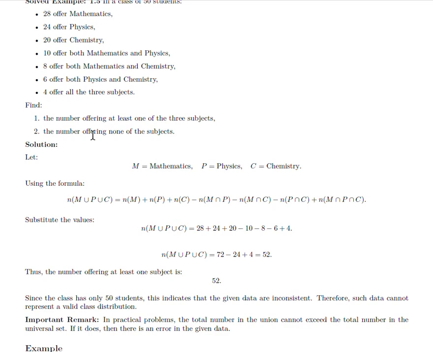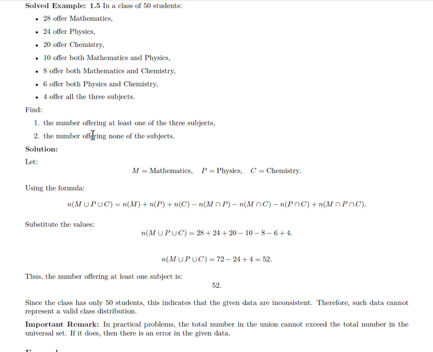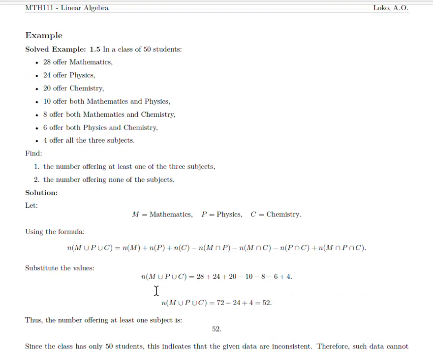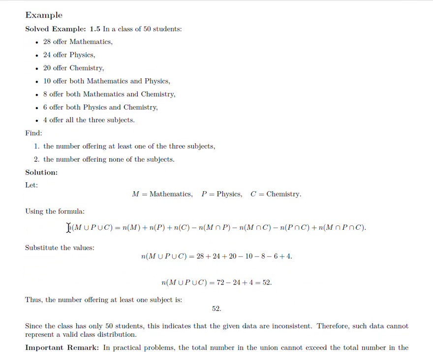of the subjects. So to the solution, of course, from the question we have three sets, obviously mathematics, physics, and chemistry, which we are representing with these letters M, P, and C respectively. And then the general formula, the empirical formula, will be this way.